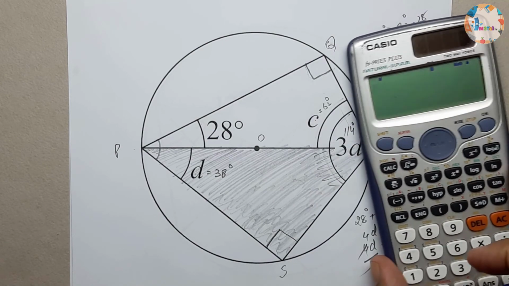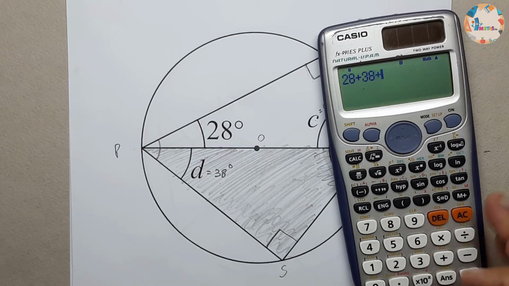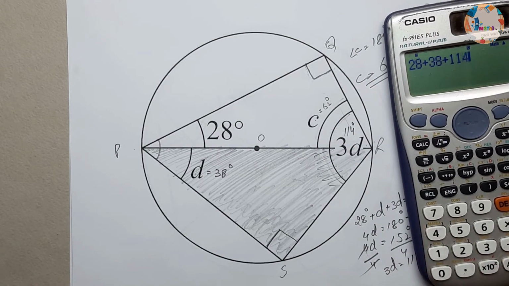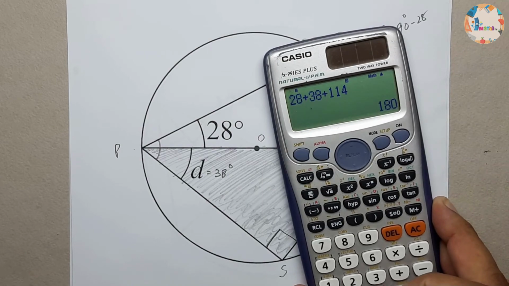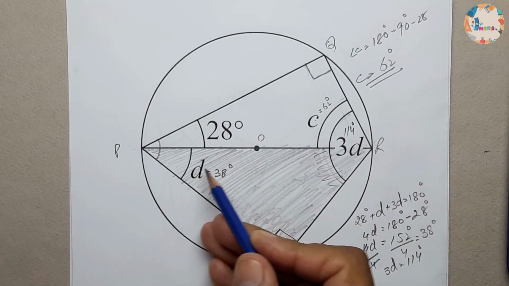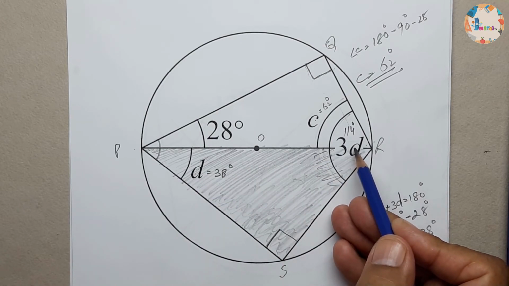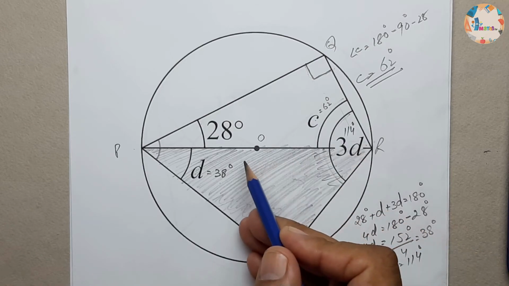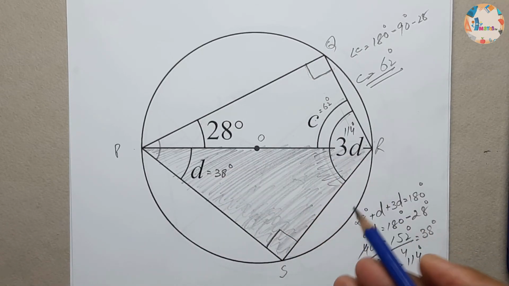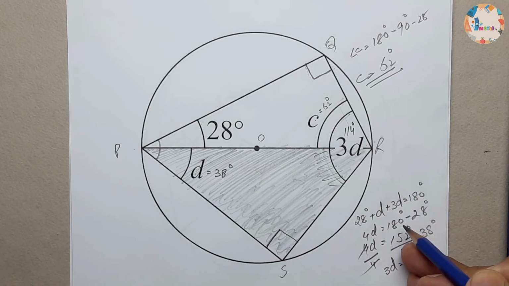If we add only these three values, 28 plus 38 plus 114, this adds up to 180 degrees. This type of check you can do sitting in the examination hall, so that everything is perfect, and if you make some mistake, you can identify it while doing the question or after doing it, but before submitting your answer sheet.